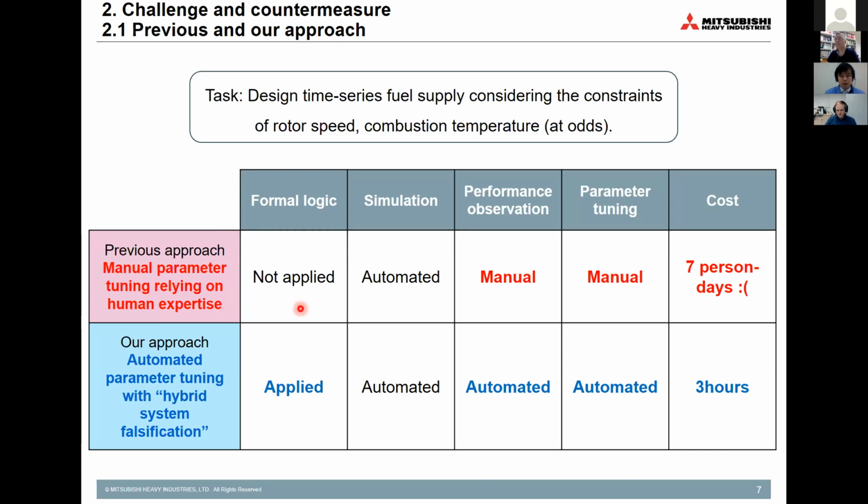They carry out simulation and observe performance, and try another set of parameters in a trial and error manner. So it takes 7 person days. So we try to develop a method to tune parameters automatically by hybrid system falsification, which takes 3 hours per iteration.